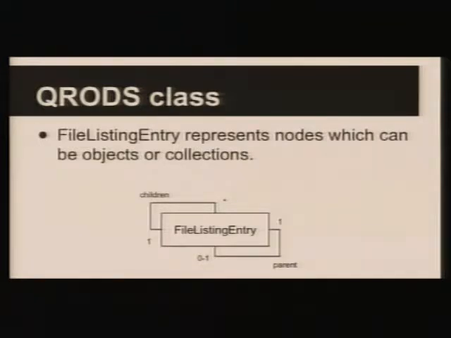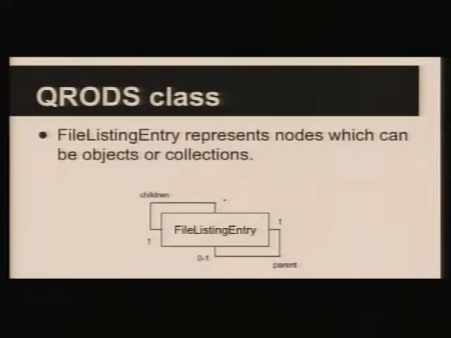Here in the file listing entry, we represent nodes, which can be objects or collections. So to provide the three views of our library, we have to have these entities. When we have a collection or a client, it can be a file listing entry.